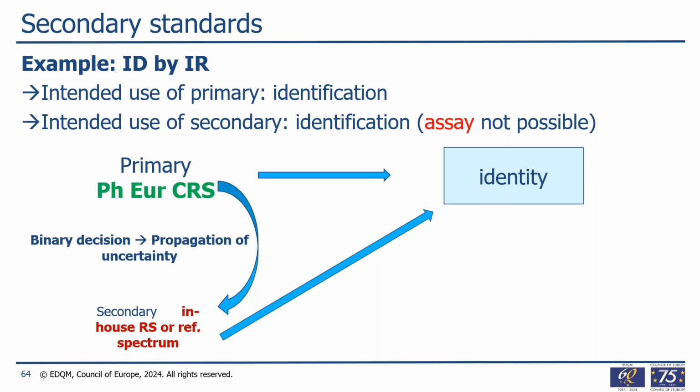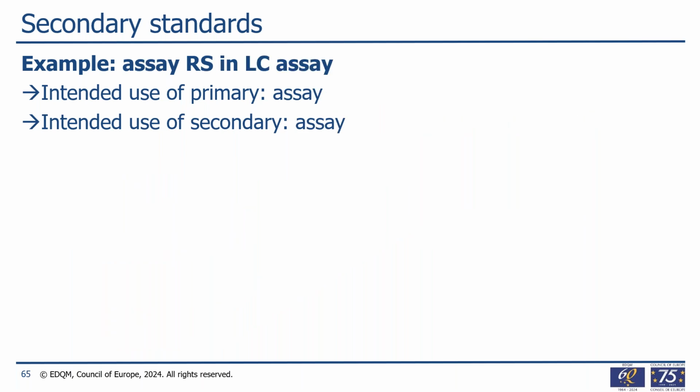And this is because the identity is basically a binary decision. It's a yes or no, and there is no propagation of the uncertainty. If the spectrum you obtain for your secondary is identical to the spectrum you obtain for the primary, then it doesn't matter whether you compare to the spectrum of the primary or the secondary.